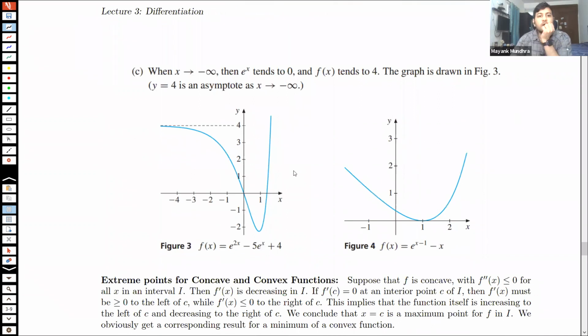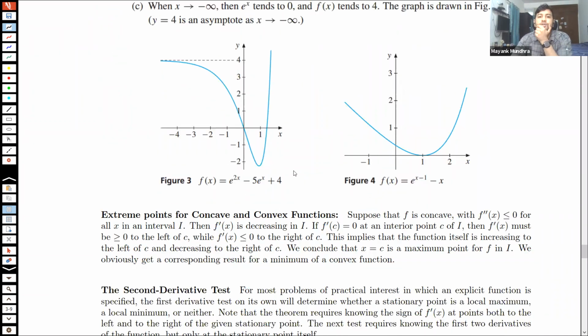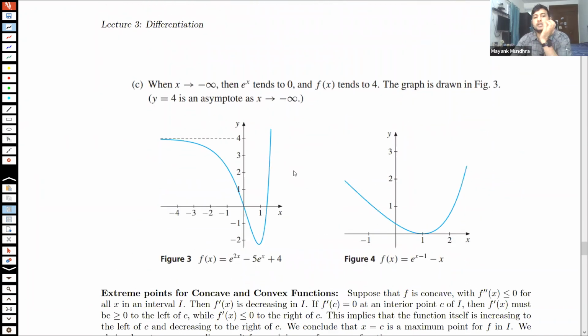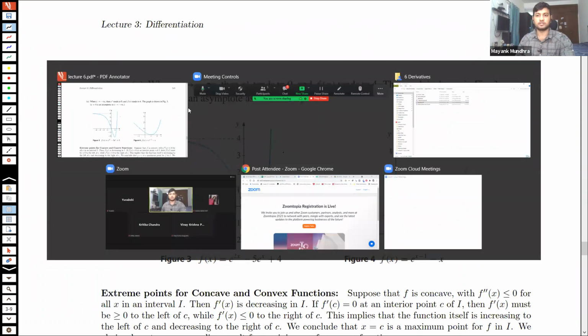So then we talked about asymptotes. I gave you this document about asymptotes as well.